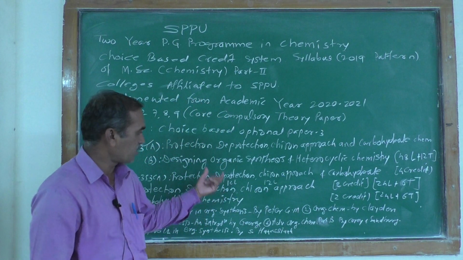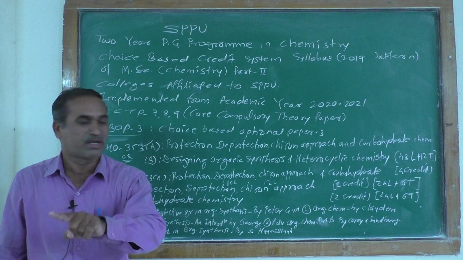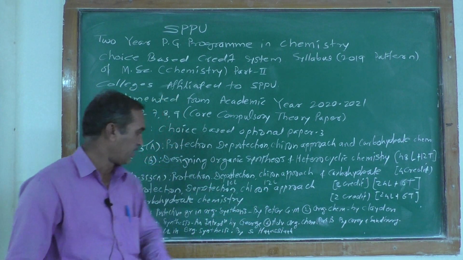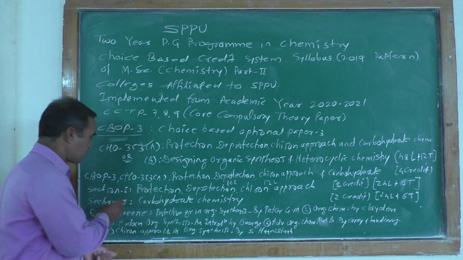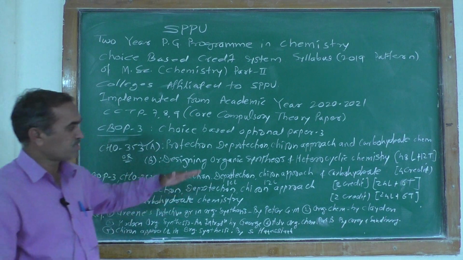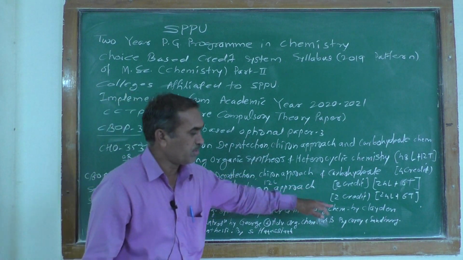A 12-lecture unit is 1 credit, so the total becomes 2 credits.